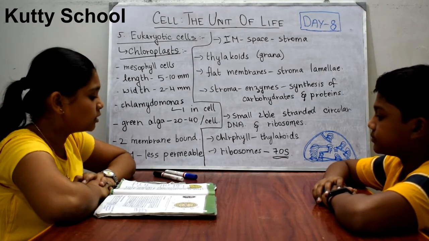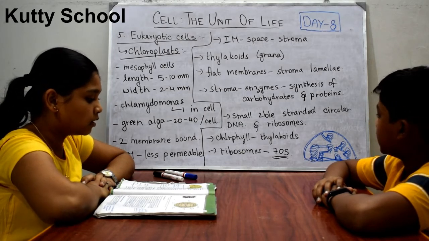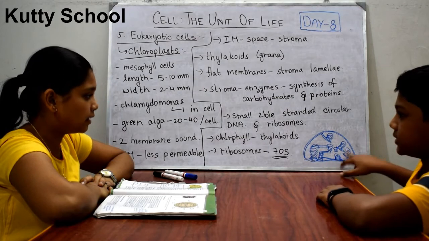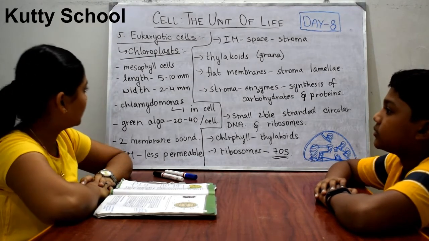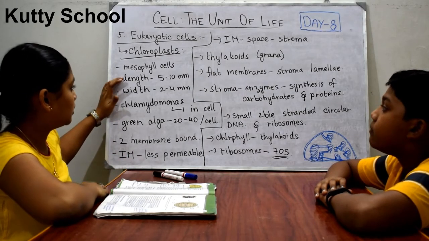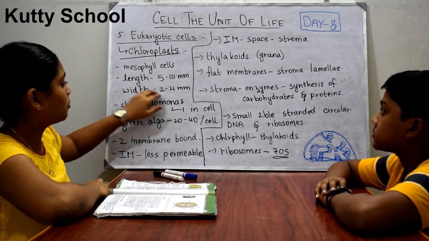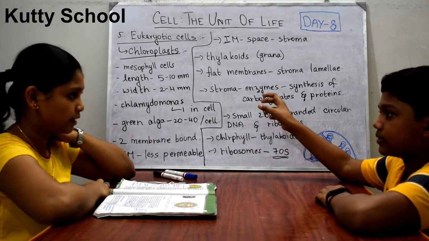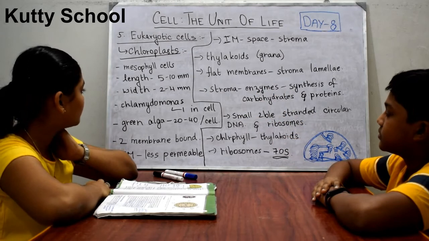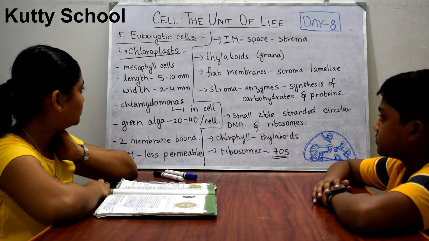These vary in shape. They can be lens shaped, oval shaped, discoid or even ribbon-like. The length of these organelles is 5 to 10 micrometers and the width 2 to 4 micrometers, so it is big compared to other organelles.